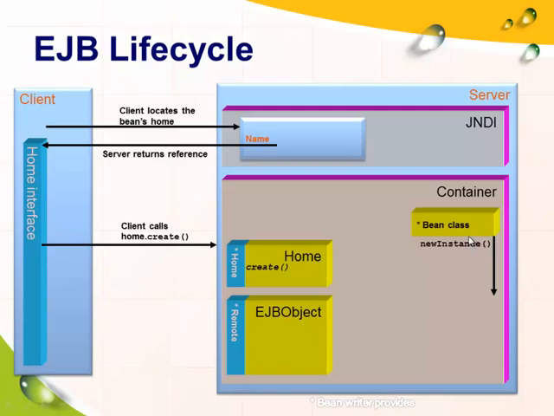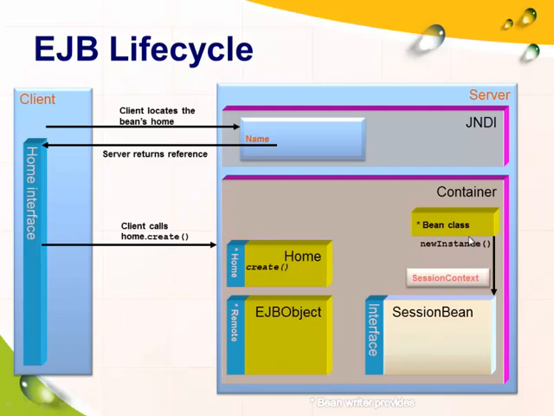It calls the constructor of the bean to create a new instance. So this is the call of the constructor. So when the constructor is called, this is what happens. Then it sets the context. No other methods are called. So the server or the container will guarantee that the strict steps are followed.